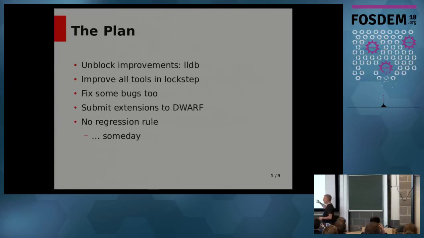We've already seen things where, for instance, last year, there was a big patch series to add better compile time optimization of Rust enum layout.